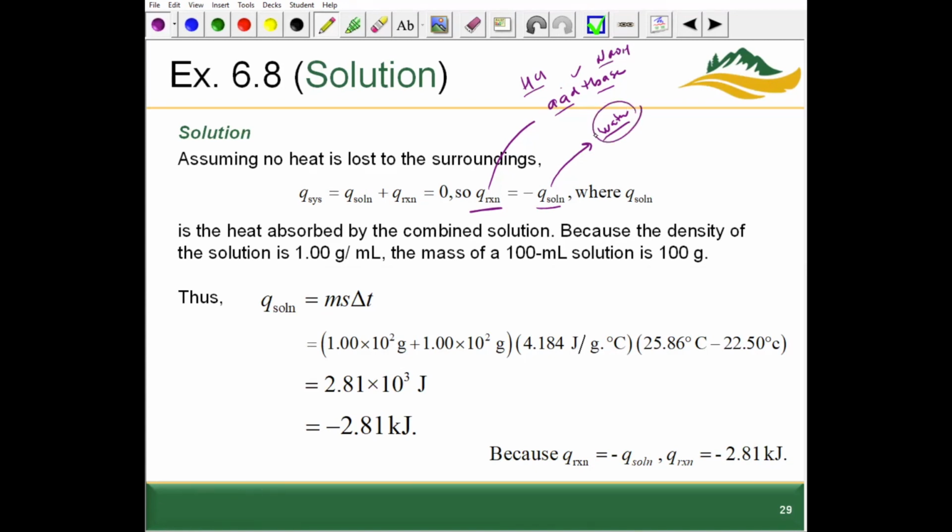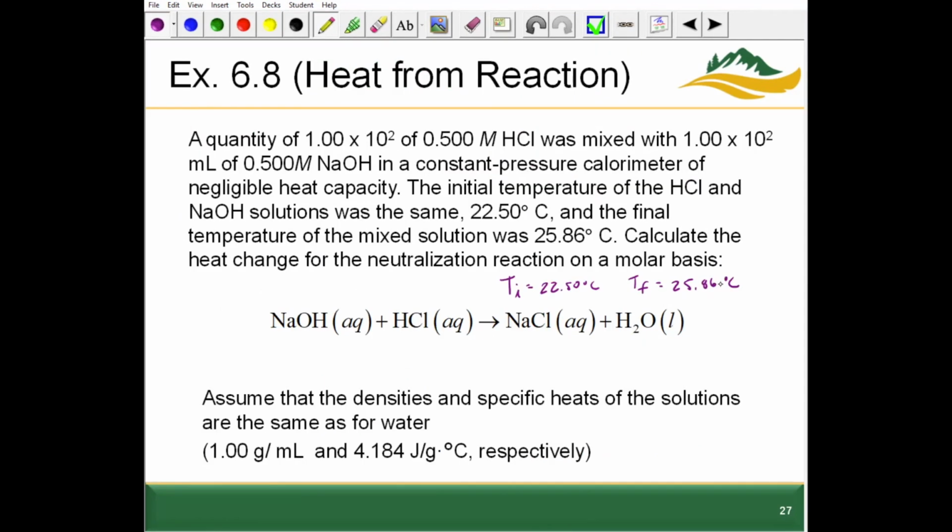We also have water that's present. Then we are reading the temperature change for the water, for the solution. We're going to make connections about the change in temperature of the water to what's happening with this acid-base reaction on the molecular level. So let's figure out what's happening for the solution.